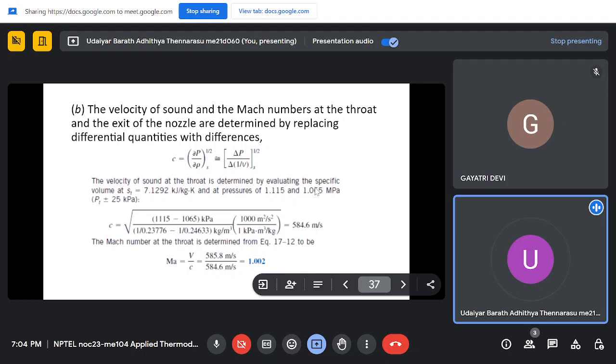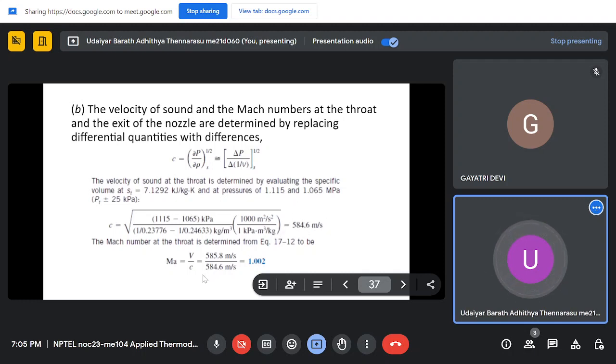At the corresponding pressures, we find the specific volume, the reciprocal of density. At 1115 kilopascal, you have 0.23776 specific volume, and correspondingly at 1065 it is 0.246. Substituting these values, the velocity of sound is 584.6 meter per second.